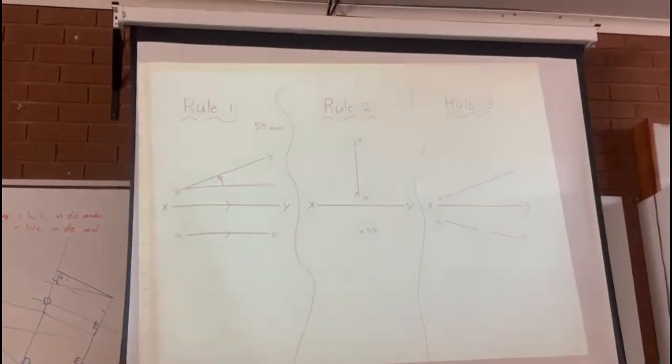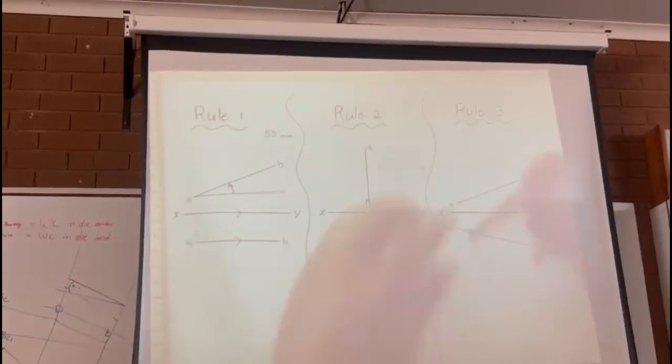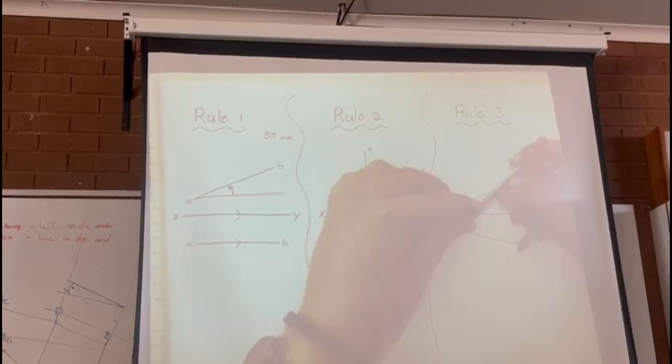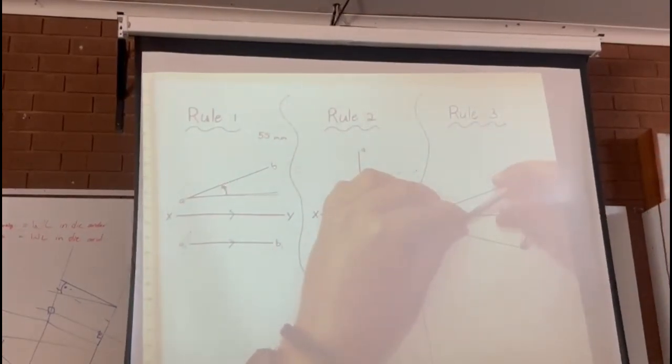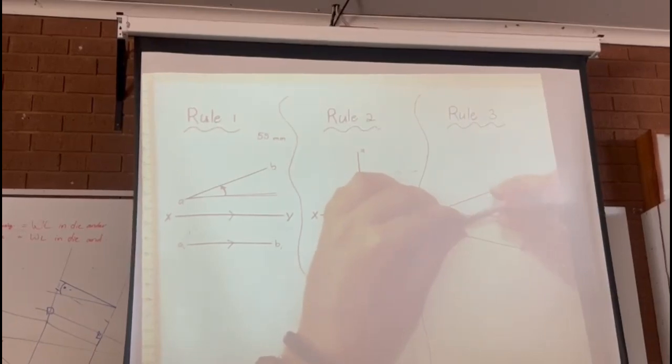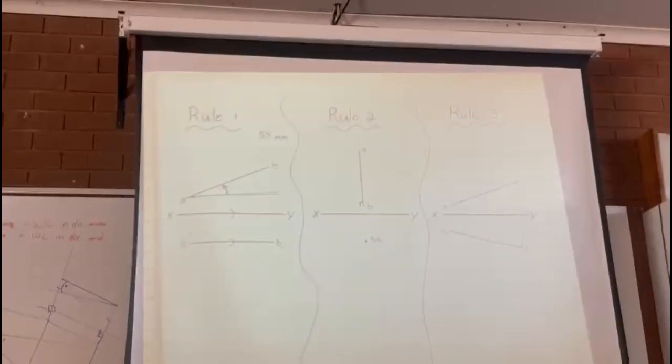So I'm going to take my compass. I am choosing to put the sharp end on point A and my pencil on point B, and I will draw an arc upwards until I have a perpendicular line.